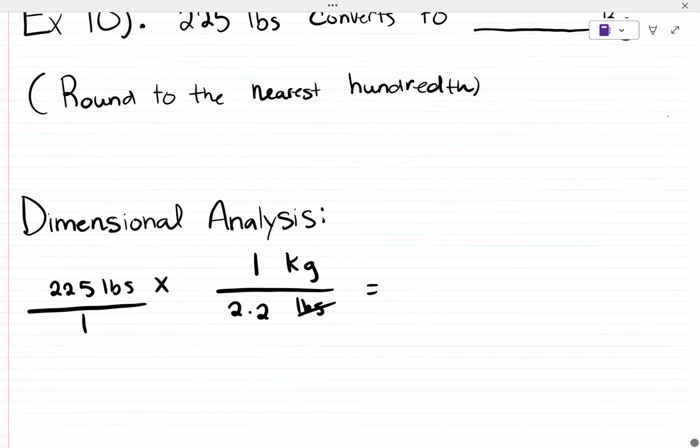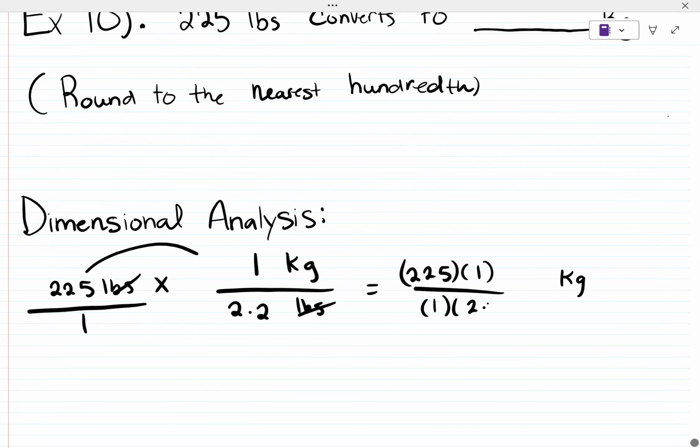Okay, the lbs units disappears, and you're left with kilogram. Since this is a fraction, multiply across. So on the top, it's 225 times 1, which is 225. And then on the bottom, it's 1 times 2.2.